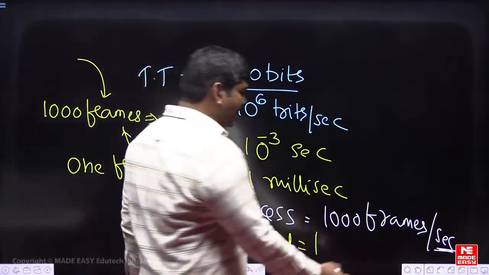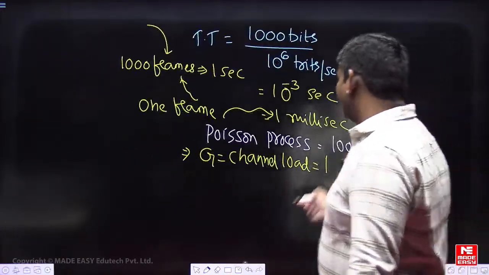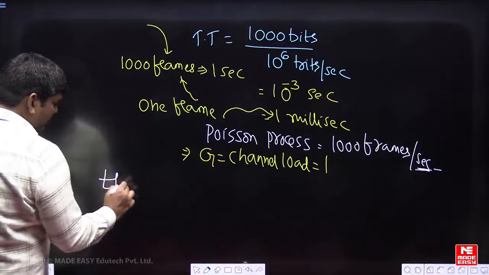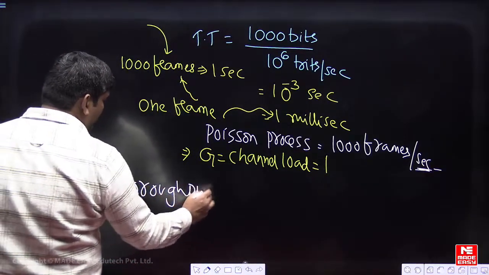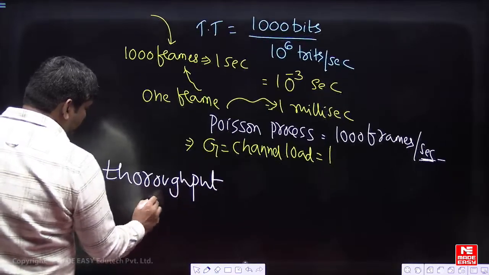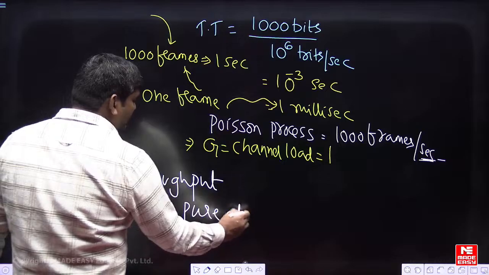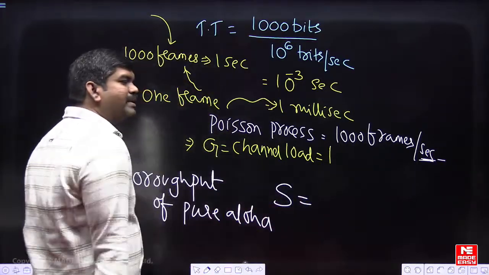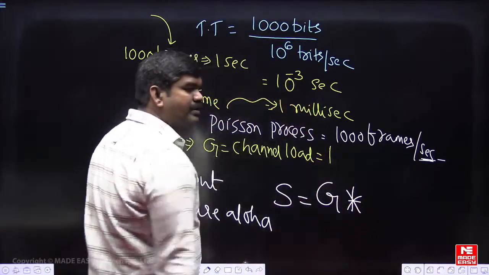So now you can calculate the throughput. Tell me, how are you going to calculate the throughput of pure Aloha? The throughput of pure Aloha is given by applying the Poisson distribution. What is that S value? Throughput is the successfully received data.